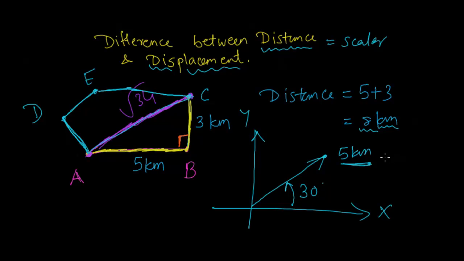But if we say that the object has moved 5 kilometer at an angle of 30 degree with respect to the horizontal axis, then we are defining the direction also, and in this case it would be called displacement. So a scalar quantity is simply a magnitude with its unit, and a vector quantity is a magnitude, unit, and direction too. So this is the difference between scalar quantities and vector quantities.